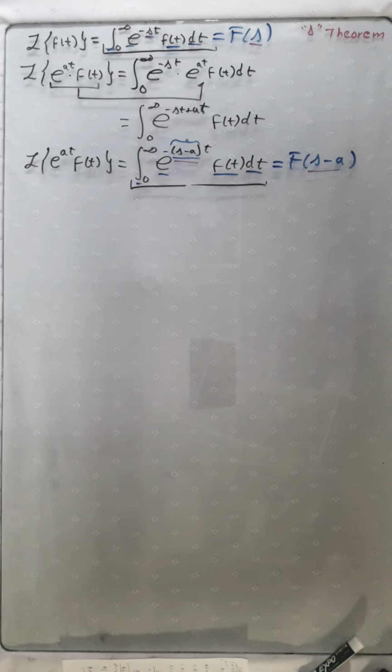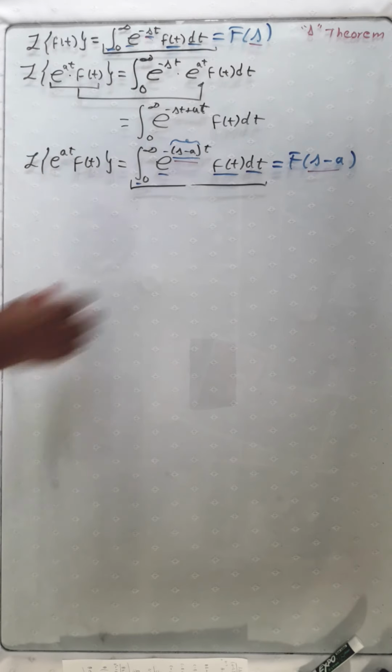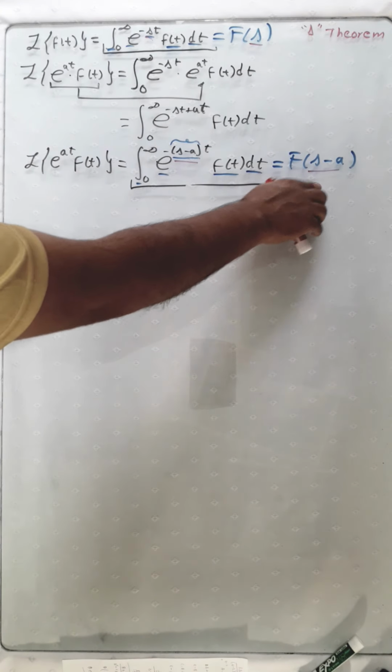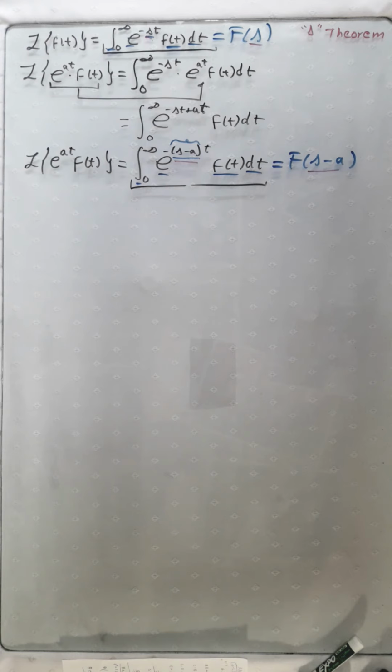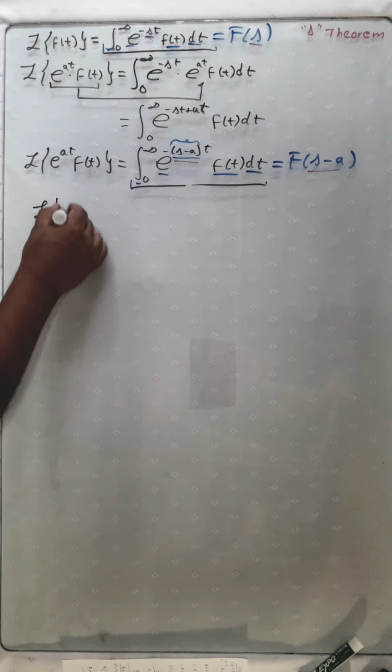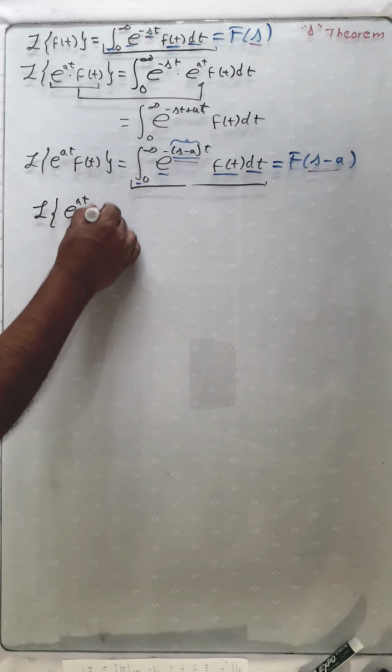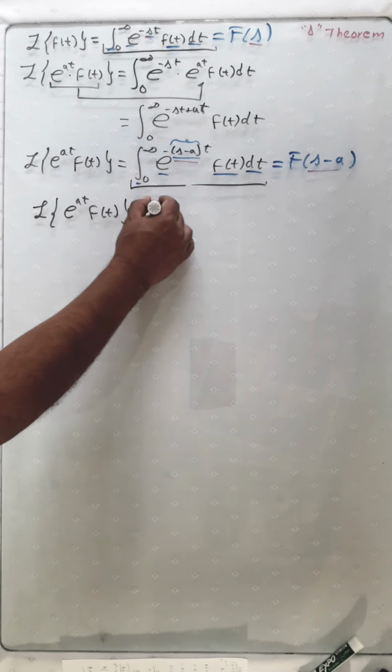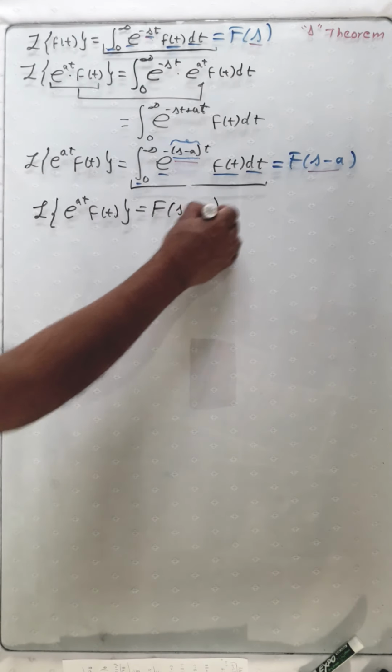And this is why it is called the translation on S theorem, because it's the same transformation F of s, but here it is just shifted by a. So the formula is: the Laplace transform of the exponential of at times f of t is equal to F of s minus a.